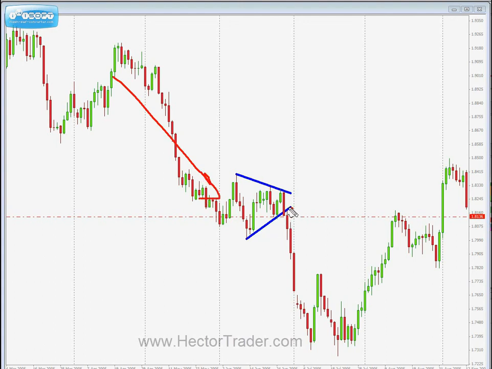Second, only trade breakouts that take place in the direction of the overall market sentiment. And finally, the third aspect is trading the breakout pullback continuation, the confirmation of the breakout. If you have those three elements in your favor, as I was saying before, you are trading with the odds stacking up in your favor.